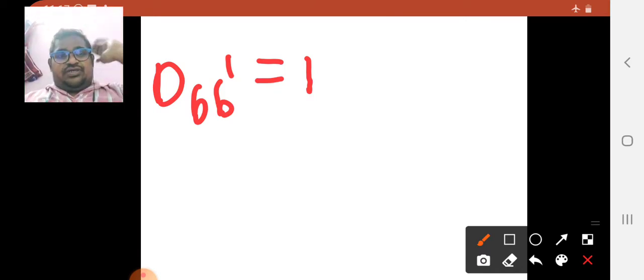Yes, already here we are writing DB', DA', like that. So let us have another notation, DS. Earlier we assumed DS1 for A', but now let it be DS2.